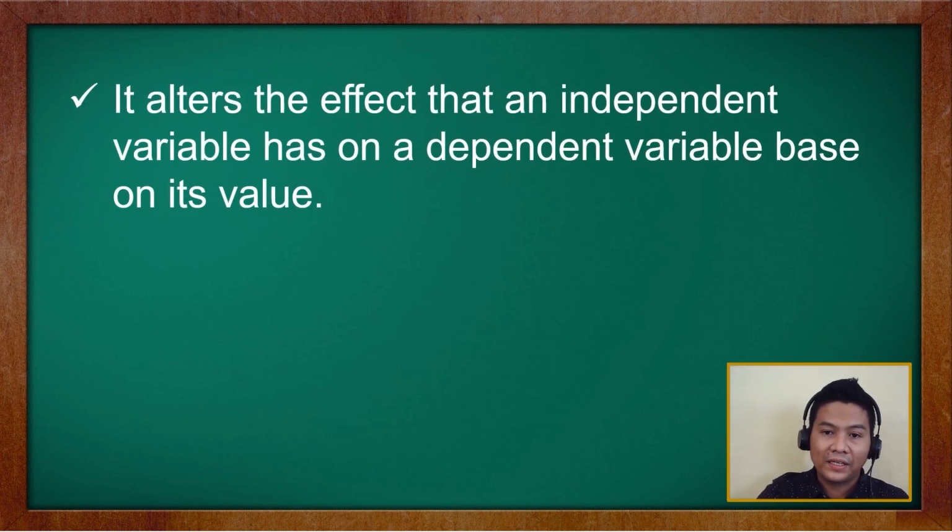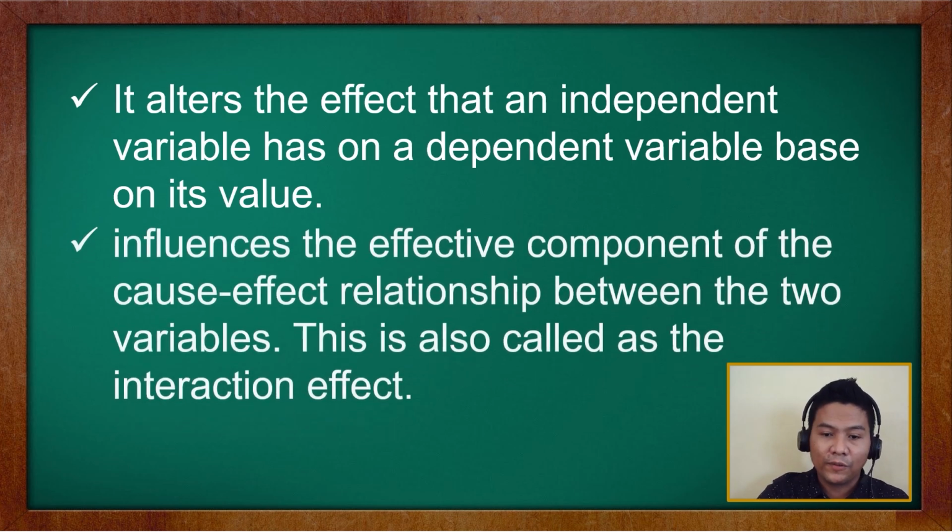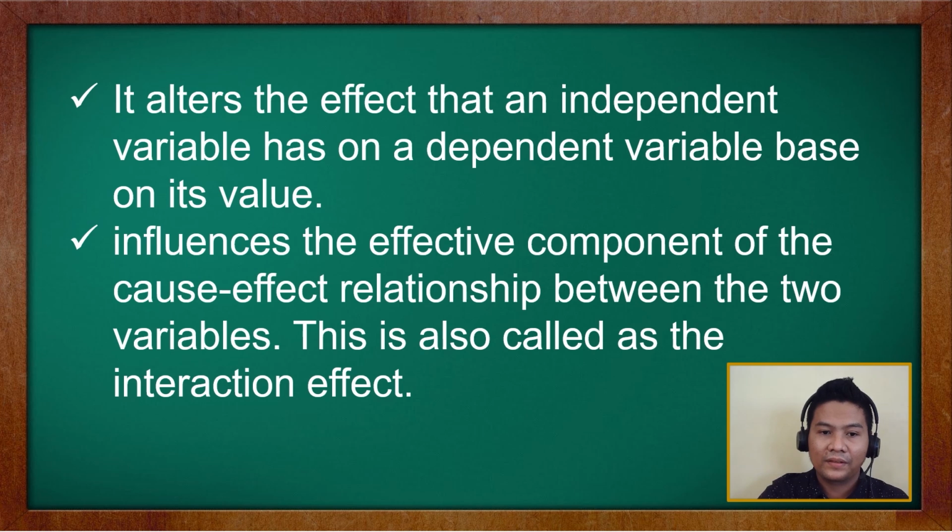It alters the effect that an independent variable has on a dependent variable based on its value. The moderator therefore influences the effective component of the cause-effect relationship between the two variables. This is called the interaction effect.